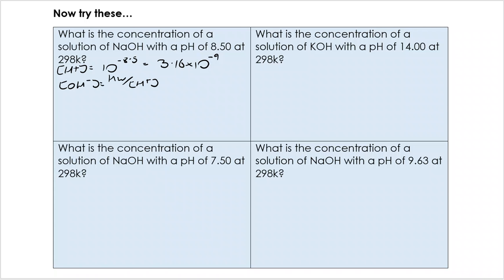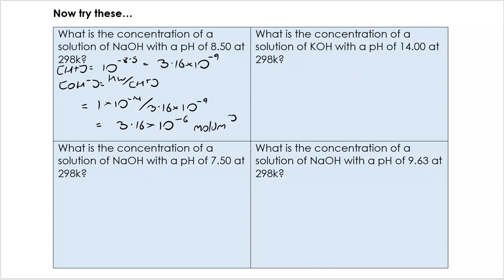I actually want my OH- concentration, so I'm going to rearrange the ionic product of water expression, Kw over H+. And now I substitute the figures in. It's happening at 298K, so 1 by 10 to the minus 14 over 3.16 by 10 to the negative 9 gives me an OH- concentration, and therefore NaOH concentration of 3.16 by 10 to the negative 6 mol dm to the minus 3.